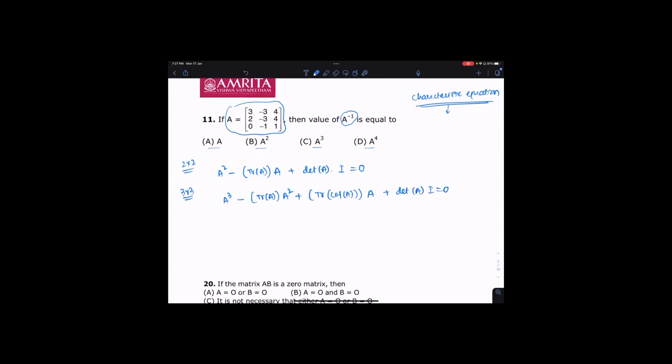What is trace of any matrix? It is simply addition of diagonal elements. For example, here in this matrix A, trace of the matrix will be 3 minus 3 plus 1, which is 1. So A cube minus A square. Plus, what is trace of cofactor matrix? Actually I can write it like this.